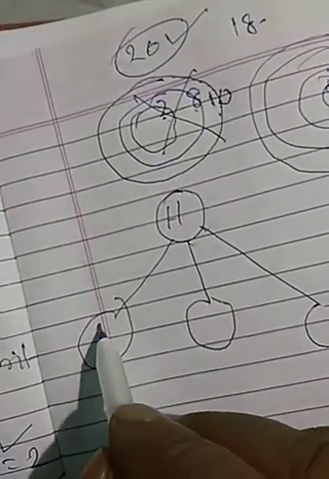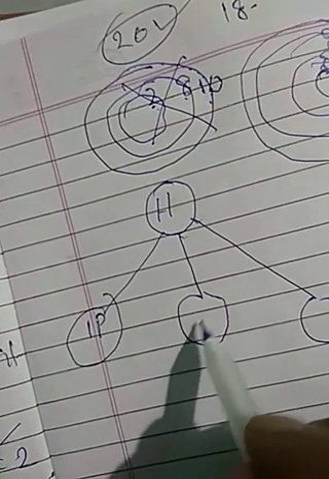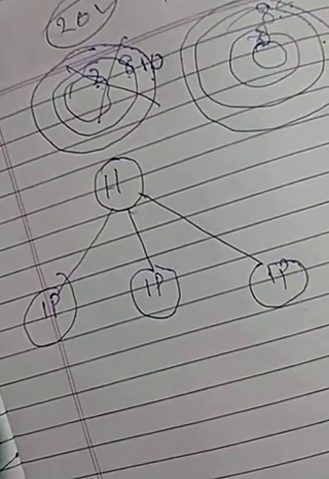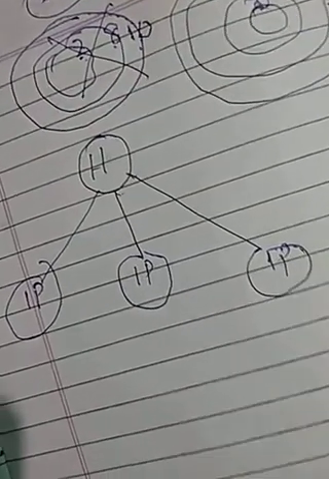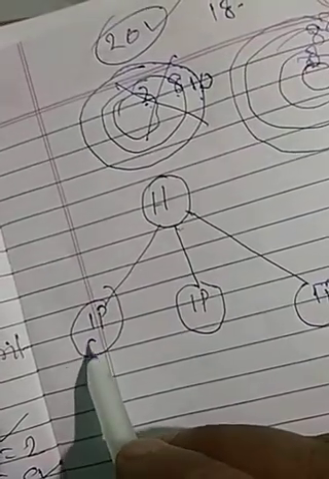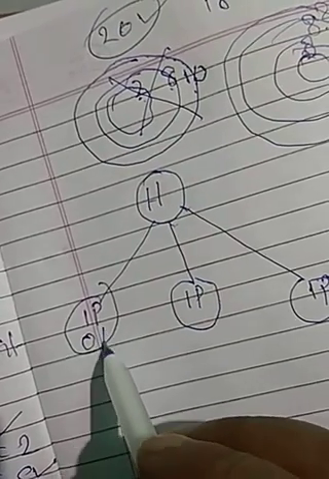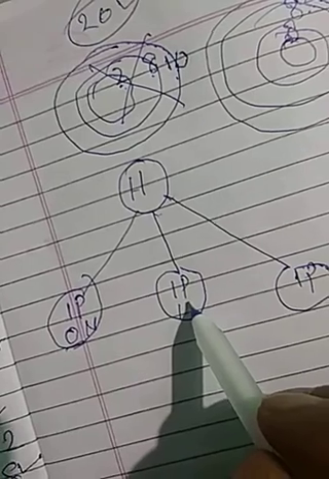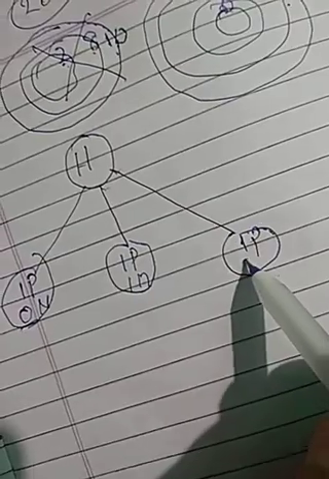In one form, it has 1 proton. In the second and third forms, it has one proton too. All these 3 forms have 1 proton, but in the first form it has no neutrons, 0 neutrons. In the second it has 1 neutron, and in the third it has 2 neutrons.